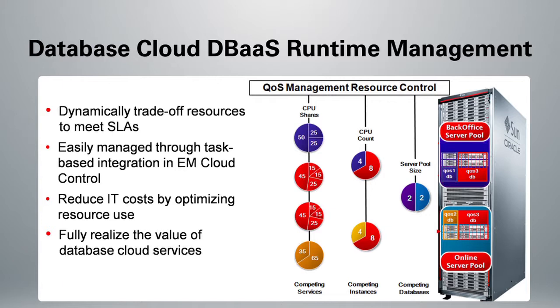And then finally, I can manage the size of the server pools that allow me to actually consolidate different priority workloads that need siloed containers of physical resources to keep them separate. So this architecture gives you the flexibility regardless of the type of database as a service deployment you require, and fully realize the value of your hardware investment.